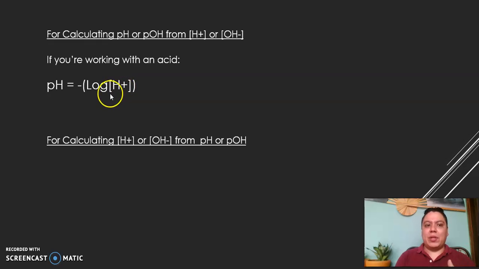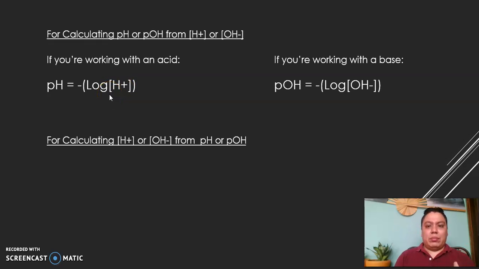We'll get into that in the next video. Now, to find the pOH, if we're working with a base, then you need to calculate with your calculators the negative logarithm of the hydroxide concentration. Okay, the negative must always be outside of the parentheses because these two answers are always going to be negative, always. But we cannot have a negative pH or a negative pOH, which is why the negative is outside.